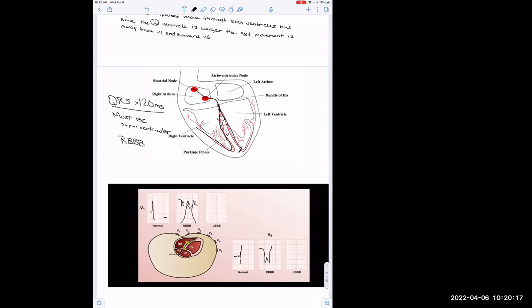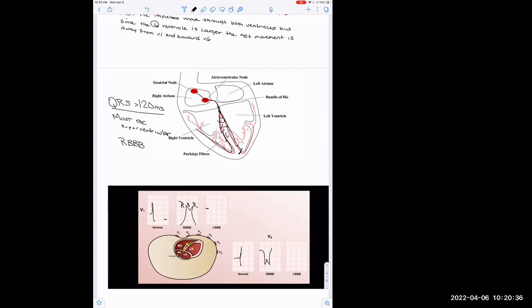So in V1, again, initially in a left bundle branch block, you'll have just a little bit of an upwave, but then all of a sudden, because your left bundle is blocked, the impulse is moving away, and you get this negative deflection in V1.